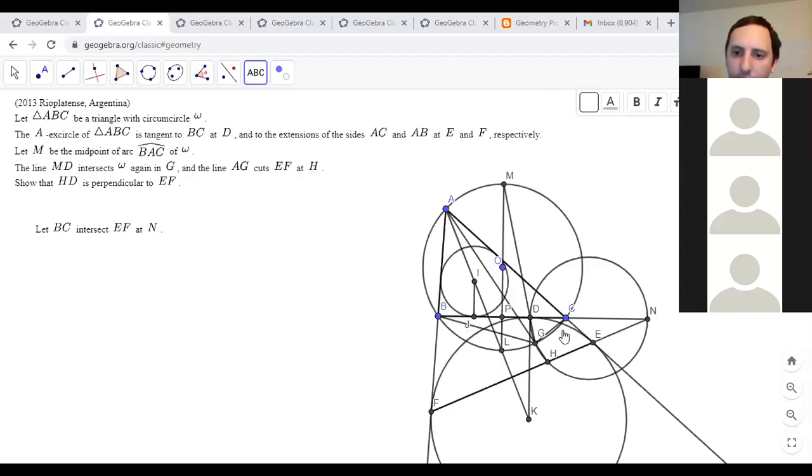And to show L, G, and N are collinear, Feng had a proof. DNH equals DKA equals DGA. Yeah, okay, so that's the simplest. Why DNH equals DKA?